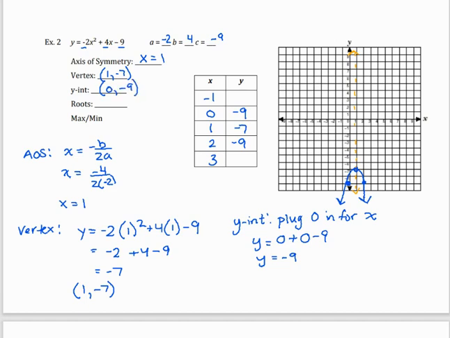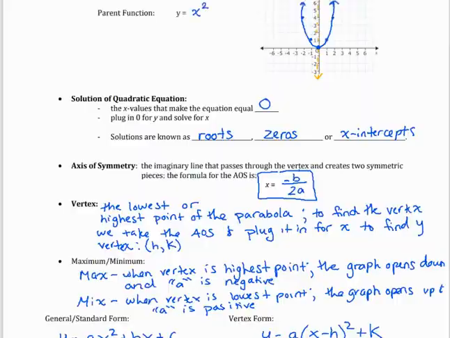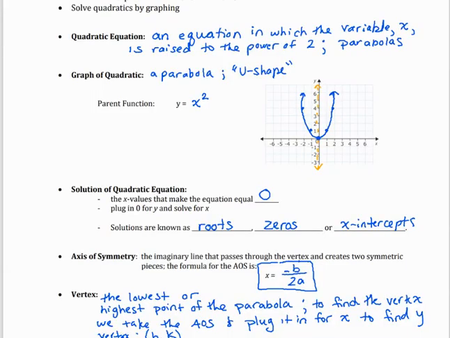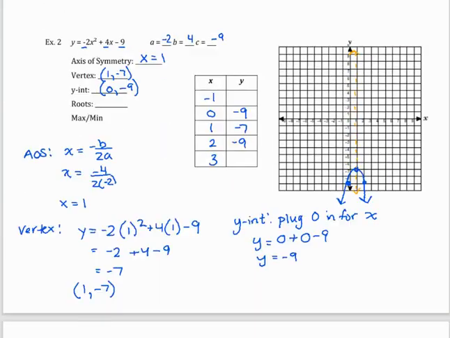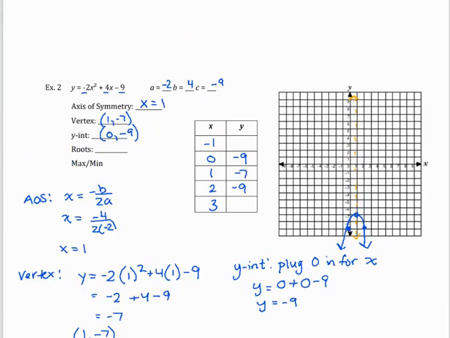Without having to do a table, we could also use the rules and transformations from above. Remember, as I recalled, in that parent function, we have our axis, our vertex, and we went up 1 over 1. And then we went up 4 over 2. Instead of going up 1 over 1, this time around, that a value is negative, so we're going to go down.